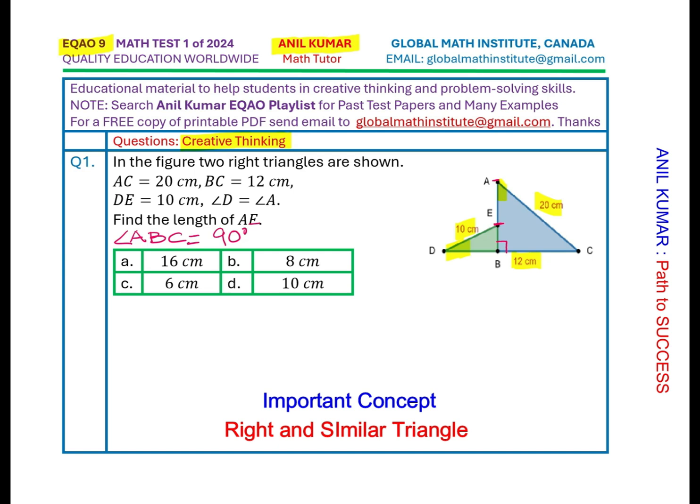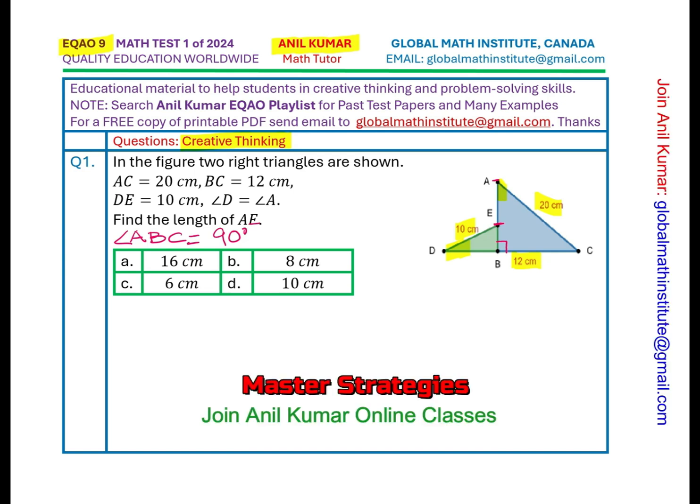And now we need to find the length of A to E. Since we know two sides of a right angle triangle ABC, we'll start with triangle ABC, which is a right angle triangle. We can find the length A to B. So AB square should be equal to what?